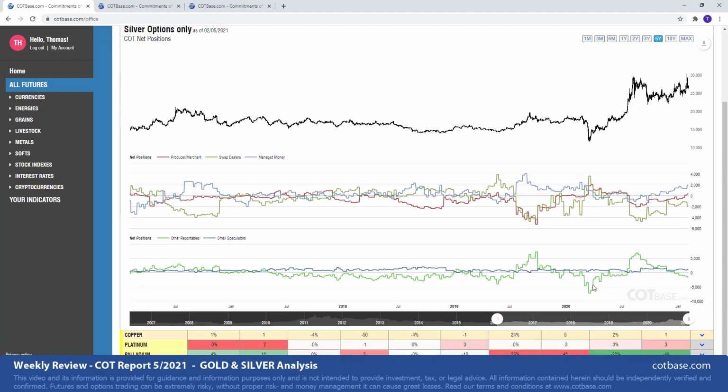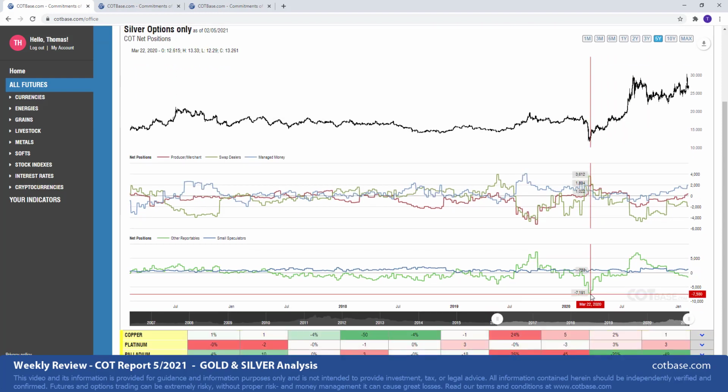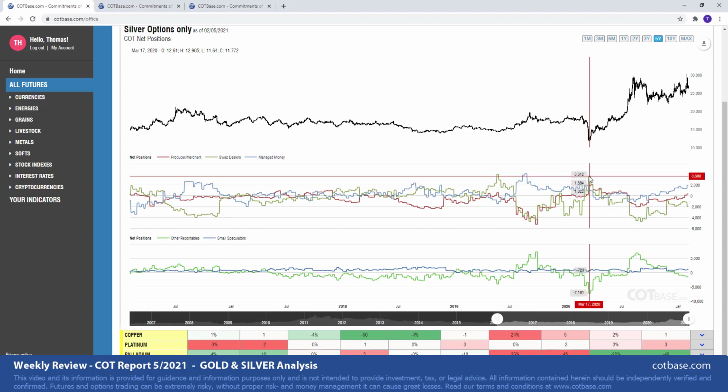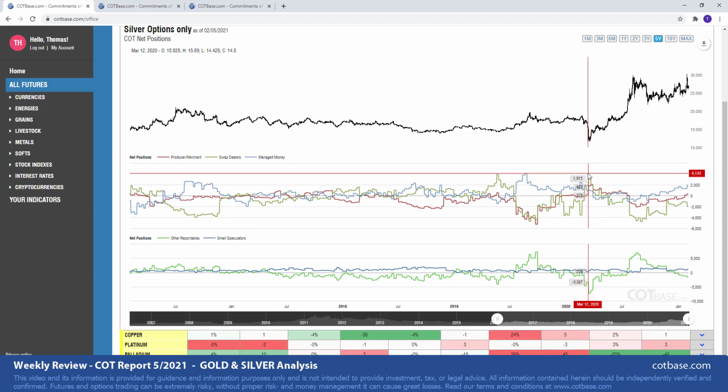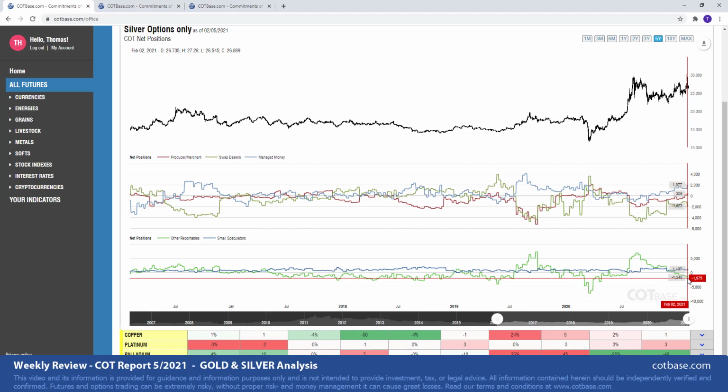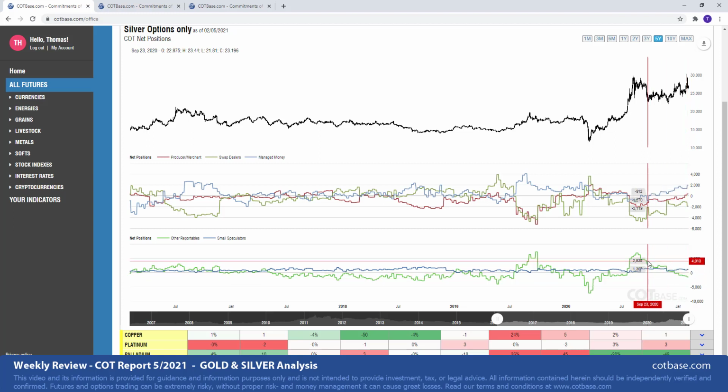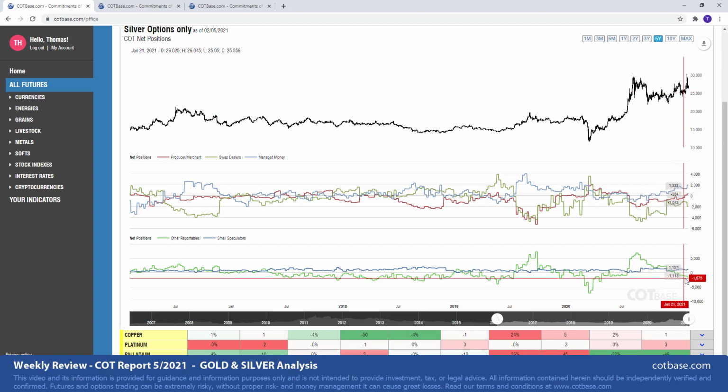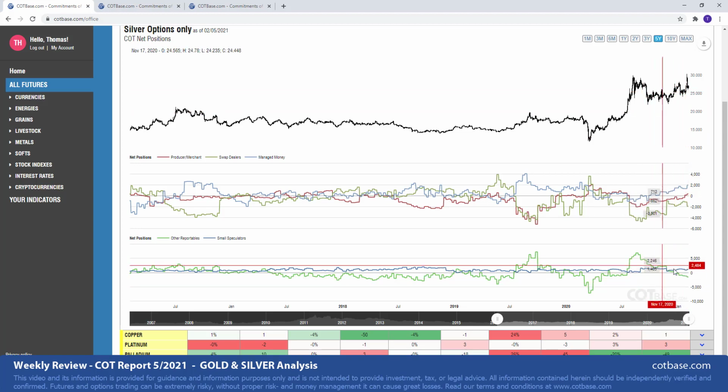And I think, of course, this bottom here from March of last year shows us something very interesting. Other reportables at all-time net short levels and swap dealers heavily net long. So that's something quite interesting. That's not the case right now, but it's interesting to see the price of silver being higher and still seeing a trend in other reportables positions going in that direction.